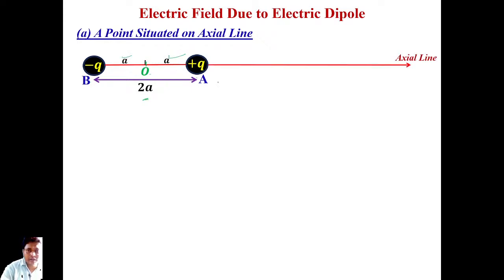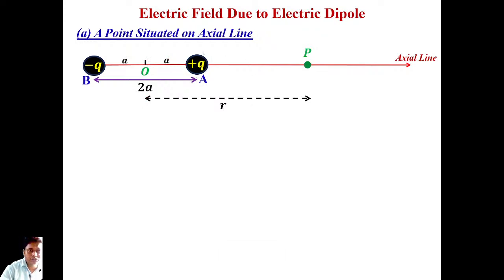Now we consider the axial line, that means along the positive x-axis. Any arbitrary point P, suppose here, will be at a distance r from the center O of this dipole.